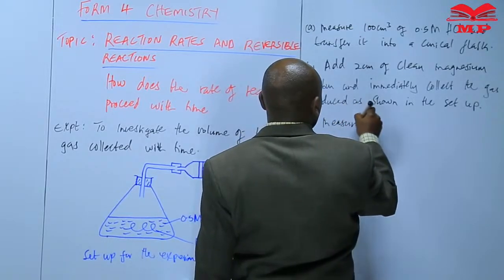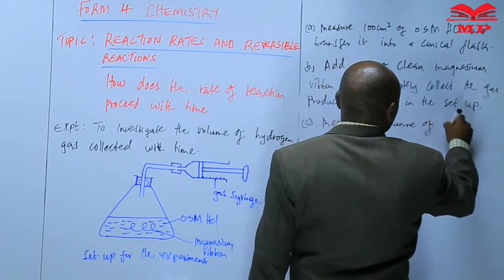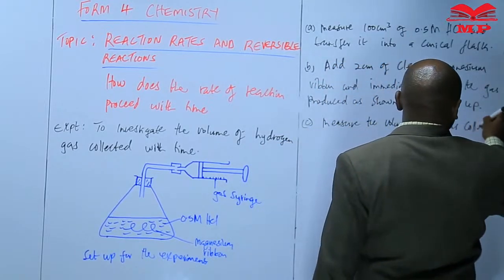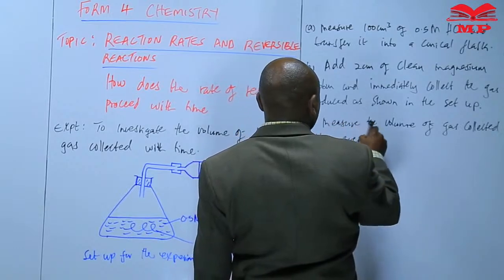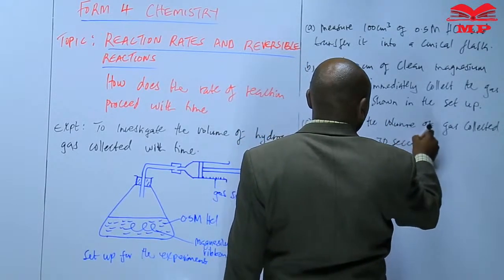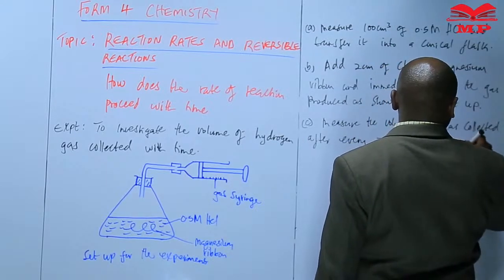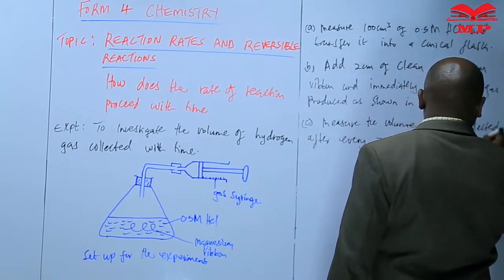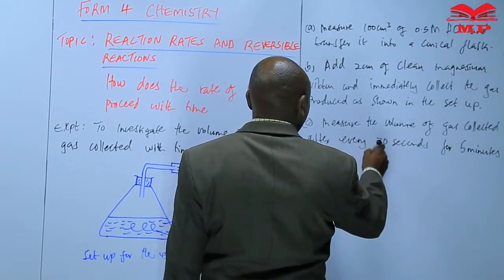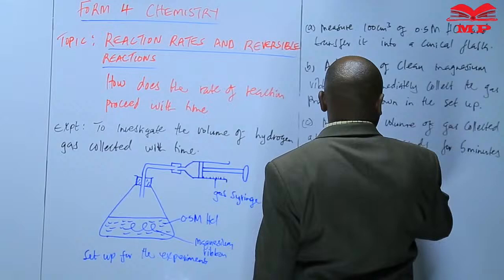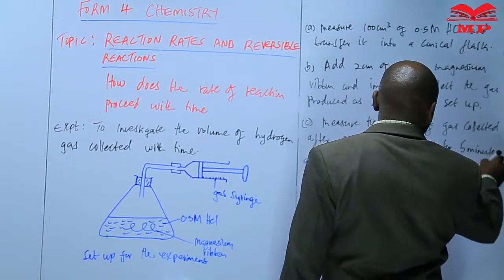Measure the volume of gas collected after every 30 seconds for 5 minutes, and record the results in a table below.